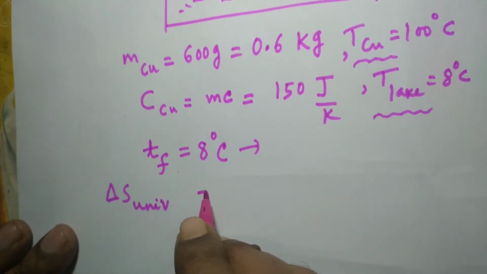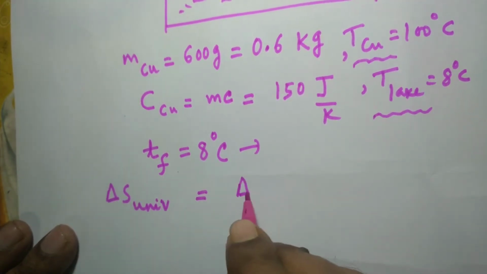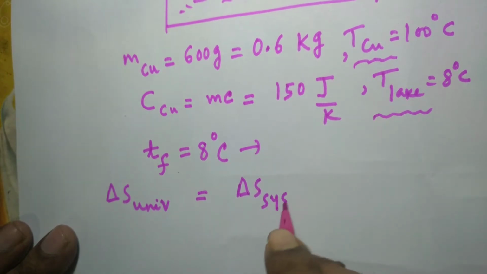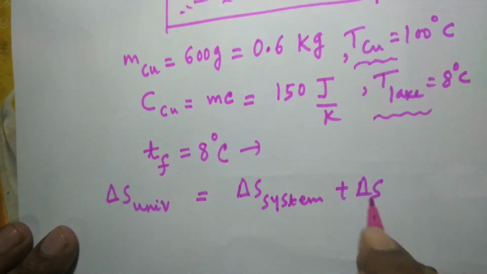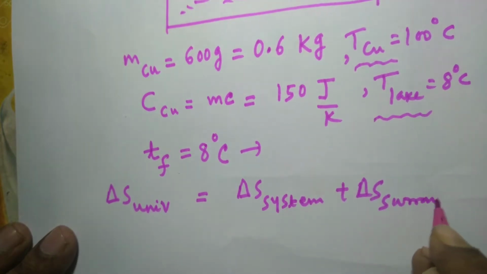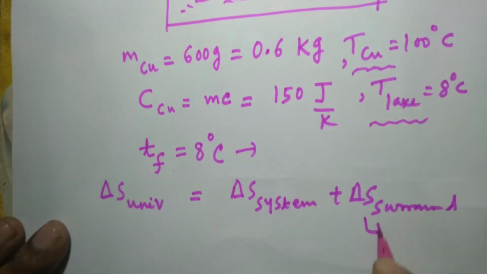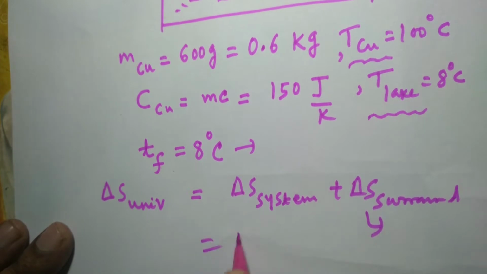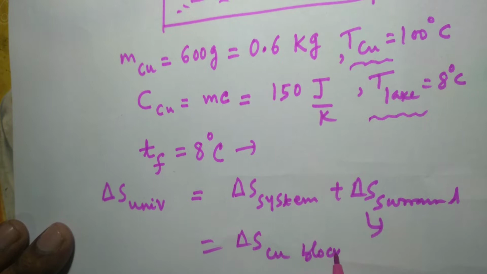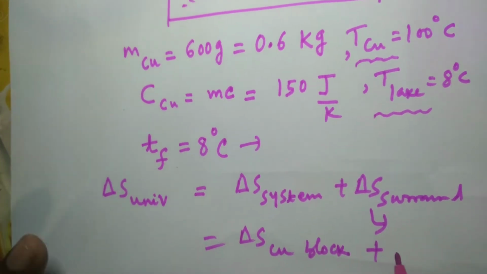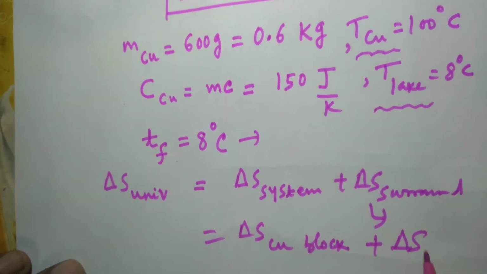We know that delta S universe is nothing but delta S system plus delta S surrounding. And here surrounding means the lake. So delta S of copper block plus delta S of lake.